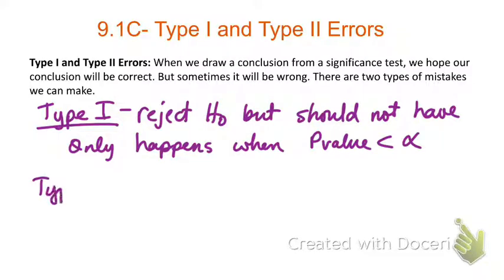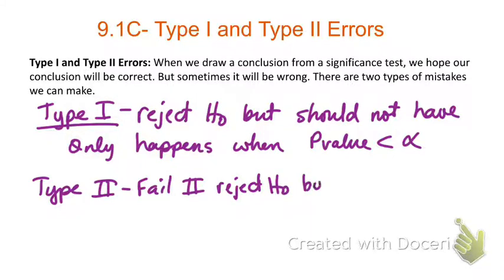A type 2 error, this is when we fail to, notice how I wrote to, fail to reject the null hypothesis, but should have. We should have rejected.